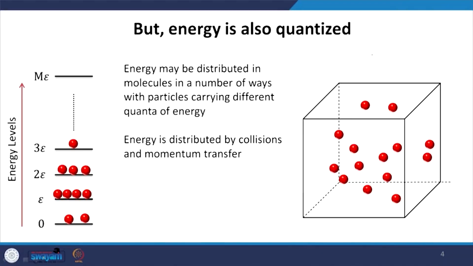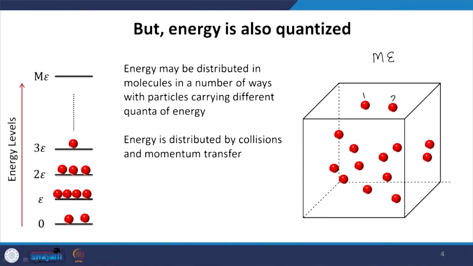In a similar manner, once the system has a certain energy, let us say the energy of the system is m epsilon. That means we have m units, or m packets, of energy available. Those are, in some sense, m chocolates that I am distributing to the molecules, which are like students in the analogy, right.